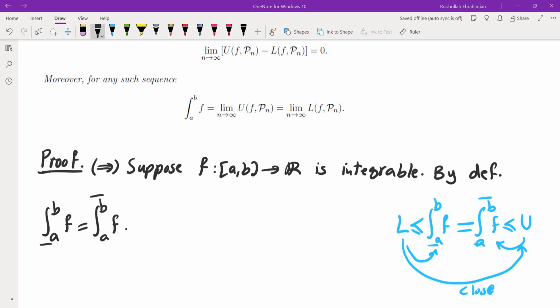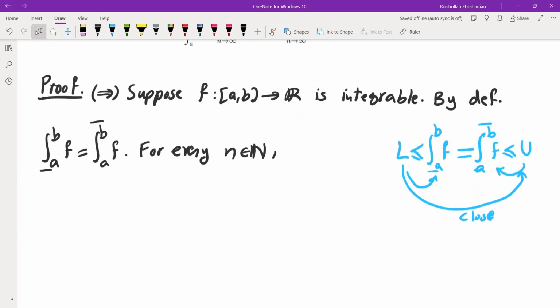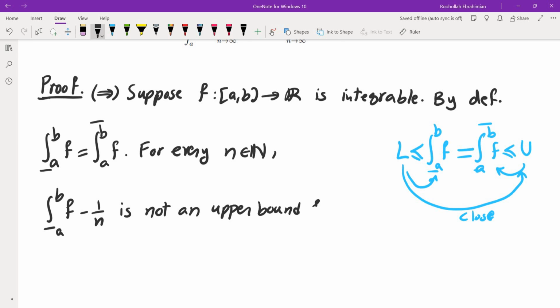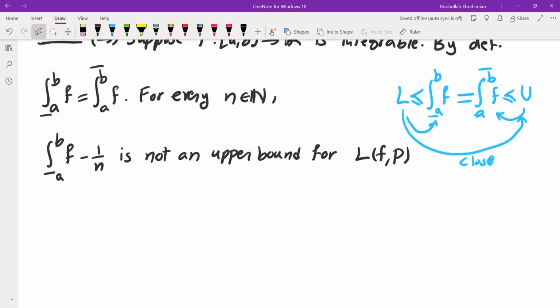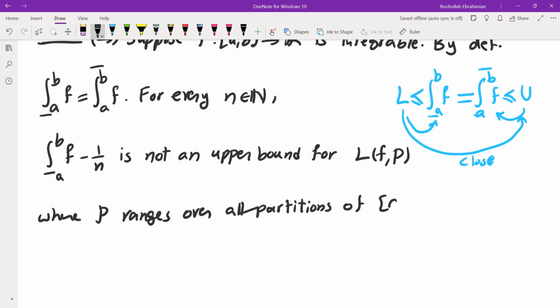So let's do that. For every positive integer n, this common value, the lower integral minus 1 over n, is not an upper bound for the set of lower sums, where P ranges over all partitions of [a, b].